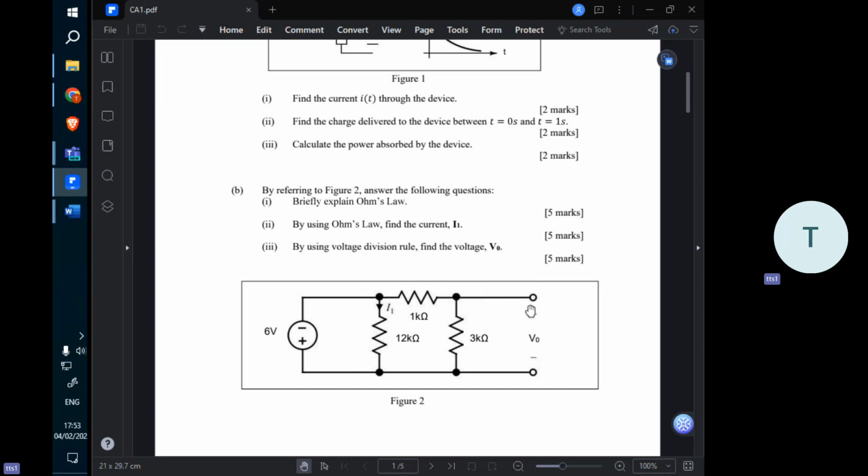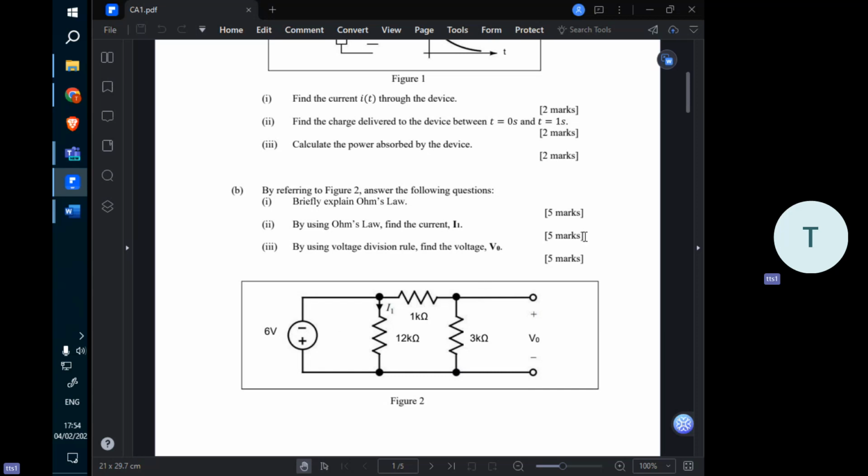So you can say V out is actually the voltage across the 3k ohm, the voltage from here to here. So here, by looking at this symbol, the minus is here. Okay, I don't know if they do it purposely or what. Usually when you say, but it's everything you can do in the circuit actually.